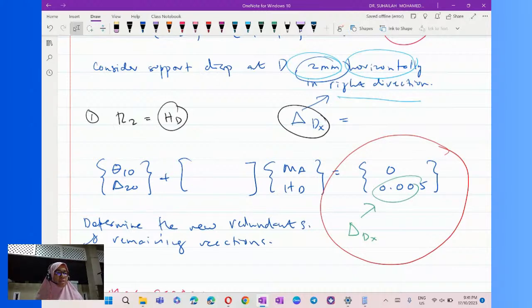Since settlement is given in meter or millimeter, you have to have E and I value. So please assume E and I value. Normally we use 200 and 500. You have to include E value and I value, then only you can solve for the new redundant and the new reaction. So that's all for this night session.